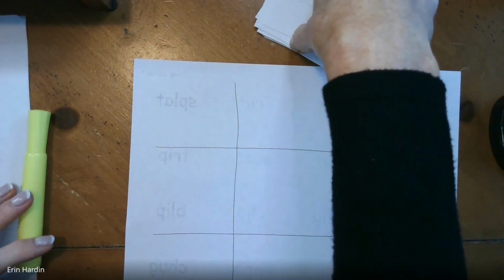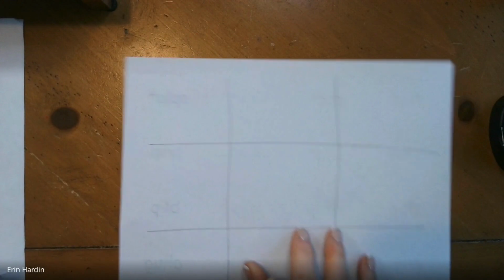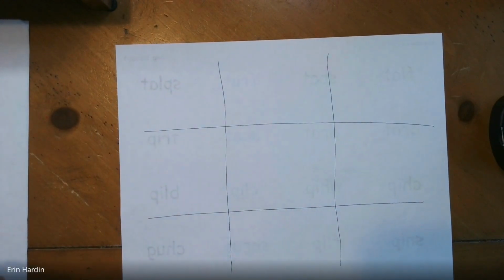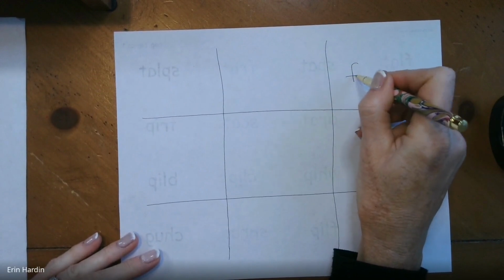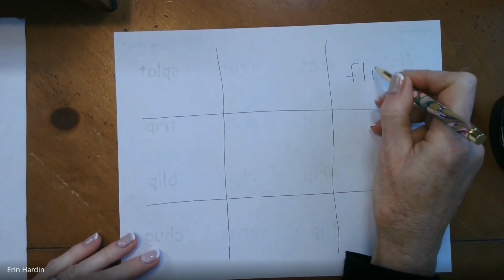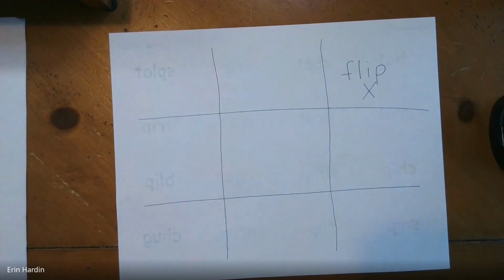So I'm going to demonstrate playing as the teacher dictates words. So, okay, X's, this is your word. The first word is flip. Let's put it on our arm. fl, i, t, and X's would say fl, i, t, and they would put their X. Now it is O's turn.